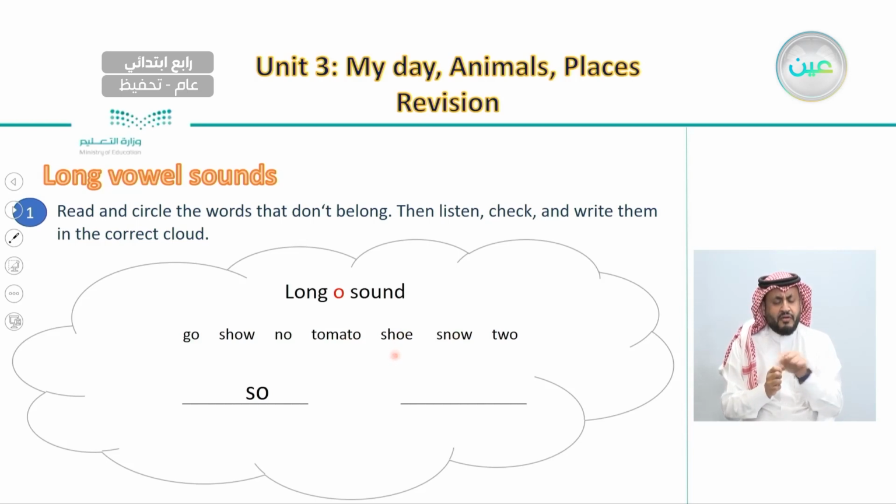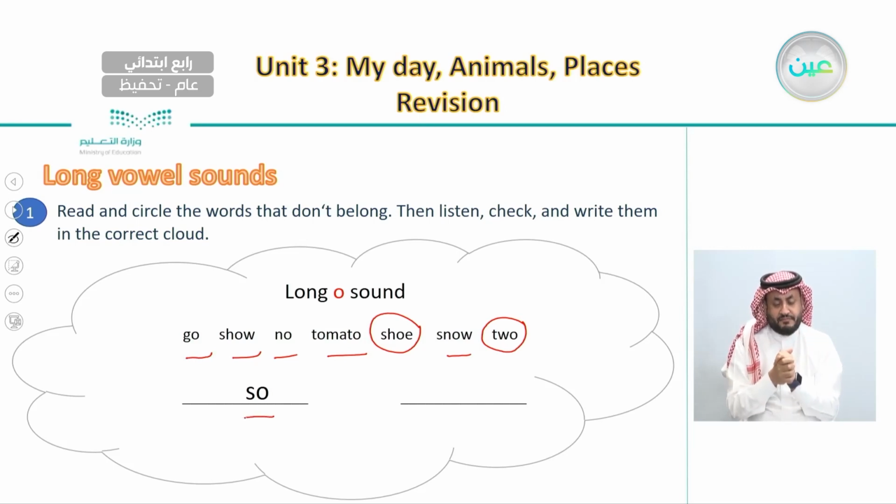Shoe is a sound that does not belong to this sound, so what we should do here is circle the word shoe. Also the word two. It doesn't have the same sound as snow, tomato, no, show, go, and so.